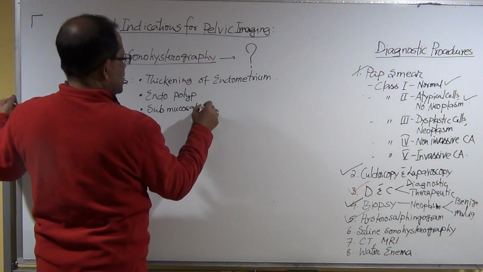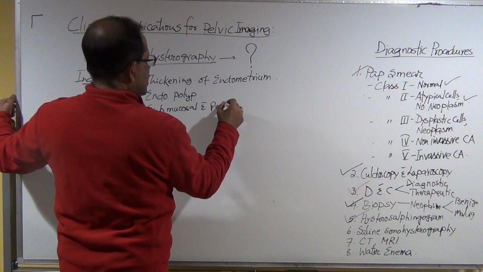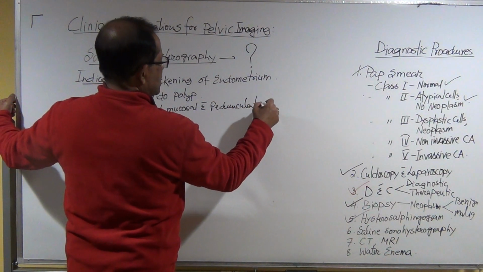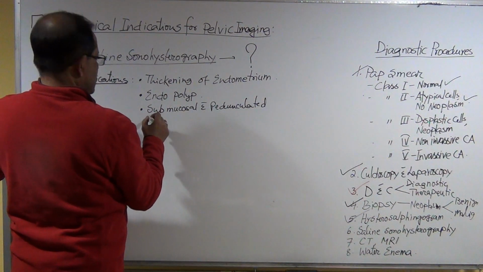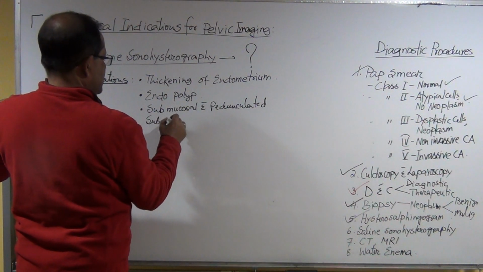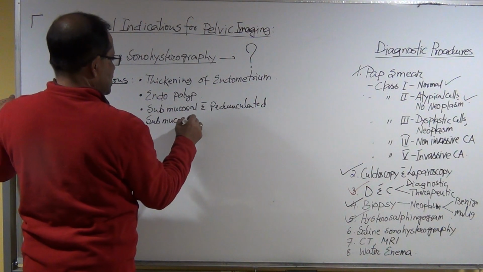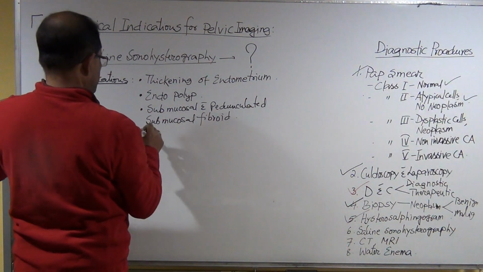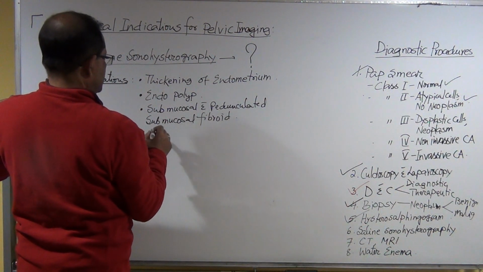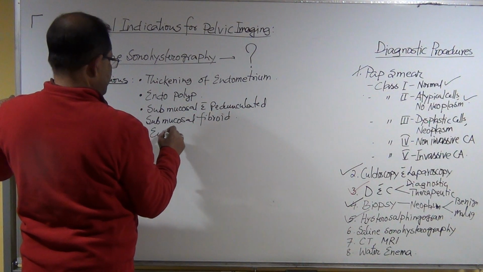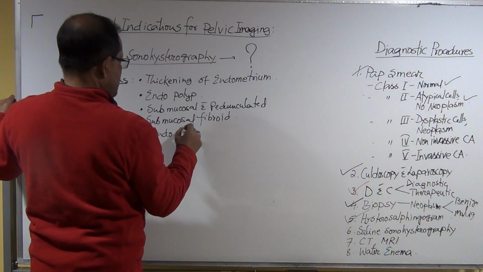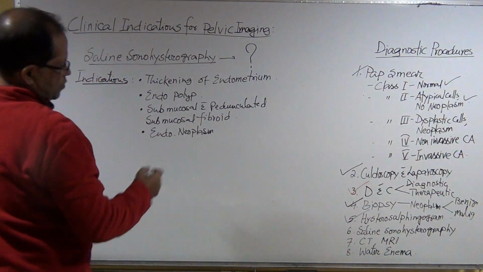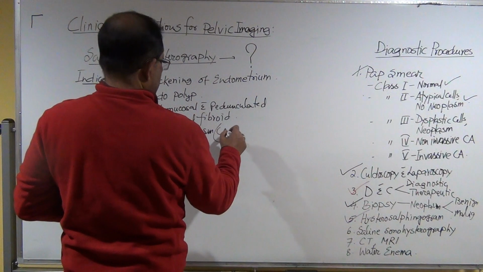Submucosal and pedunculated submucosal fibroid. Endometrial neoplasm. Mostly it is if it is a cancer.